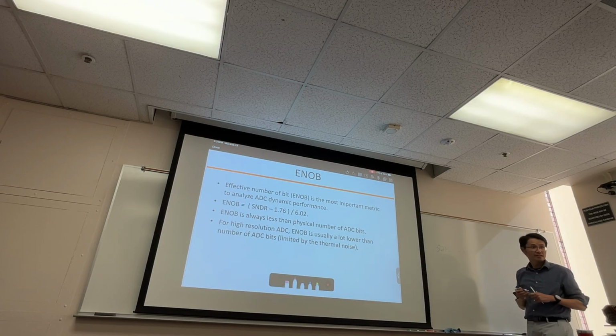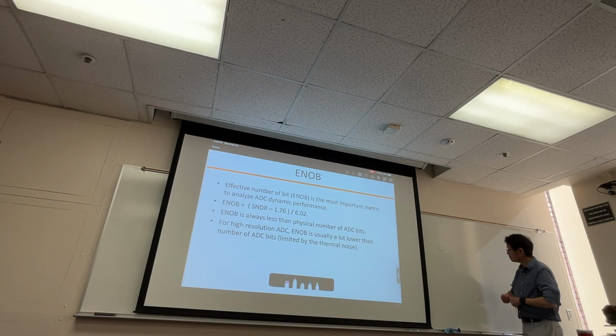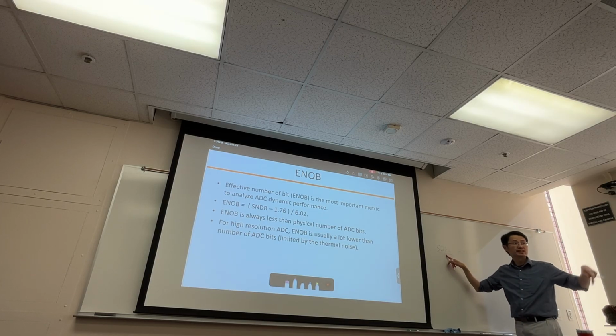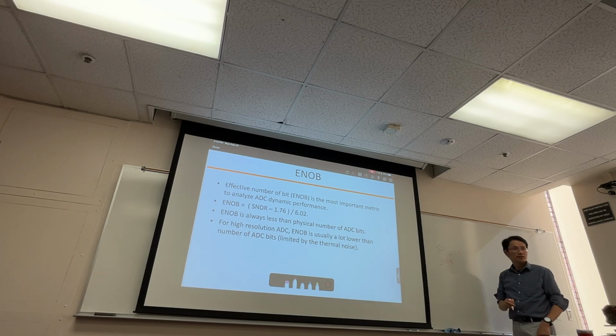What ENOB does is say, I know this is artificial, because SQNR is your best-case number, so I'm going to replace it with your real number. What is the real number for an ADC? SNDR. Because this is your actual measured number, you use it to back-calculate your effective number of bits.